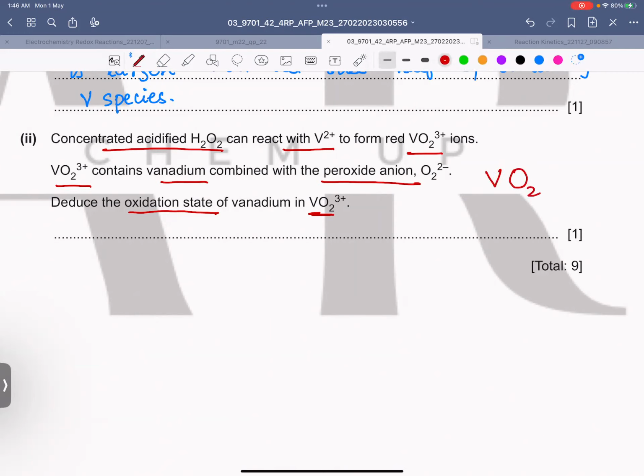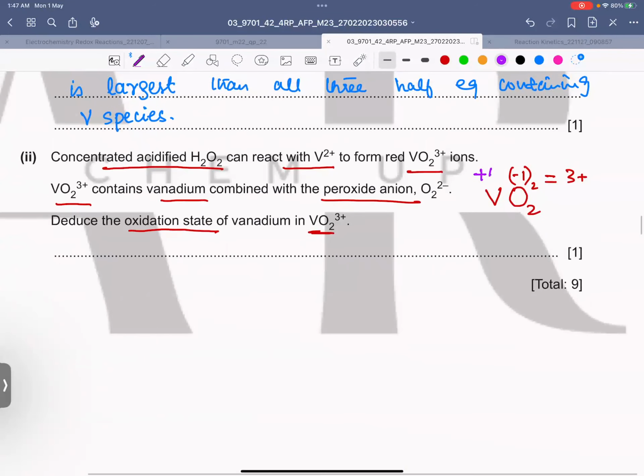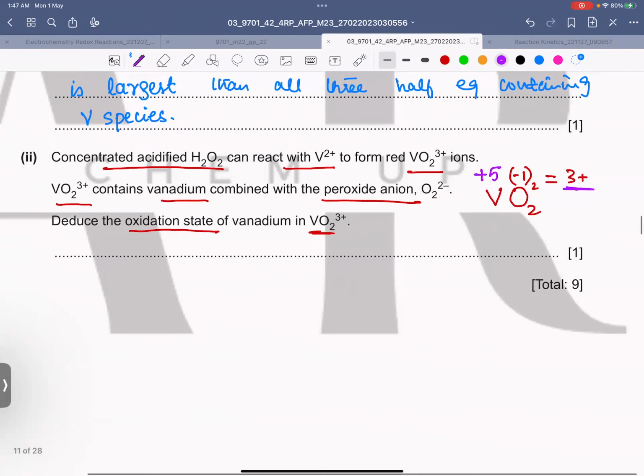That VO2, the net charge is 3 positive, and here there are 2 oxygens, and each oxygen has a -1 charge. Is this clear? So that gives me a -2 on the oxygen. So the net charge is +3, which clearly means that vanadium has a +5 charge over here. That's why I'm getting the net charge +3. So here the oxidation number of V in VO2 with a 3 positive charge is +3. Is this clear? Or +5, sorry.